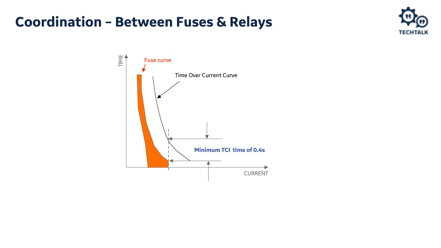So because of that, and because we can't really test the fuse in a non-destructive way, typically the time coordinating intervals for a fuse will be longer than the time coordinating intervals for a microprocessor-based relay.